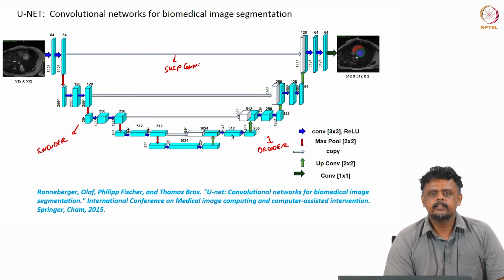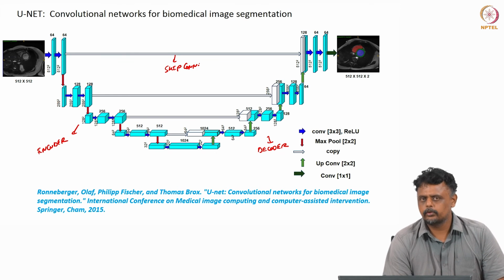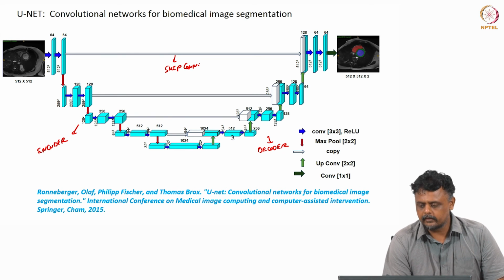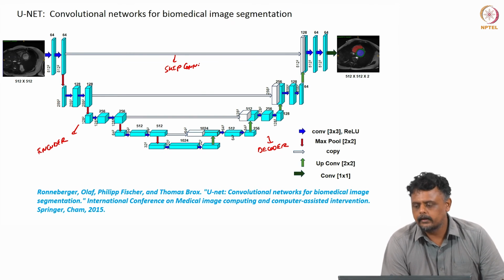This particular network does transpose convolution, so it does learn the upsampling, but it goes deeper than most networks, and because of the skip connections, generally the outputs are of a much higher quality.